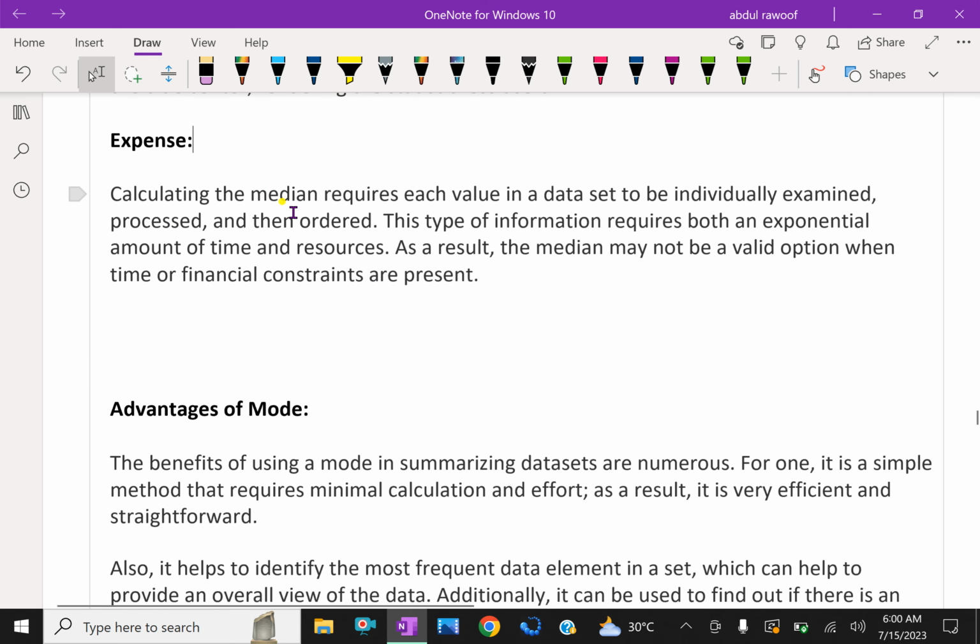Expense. Calculating the median requires each value in a data set to be individually examined, processed, and then ordered. This type of operation requires an exponential amount of time and resources. As a result, the median may not be a valid option when time or financial constraints are present.